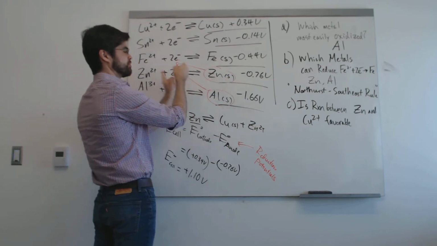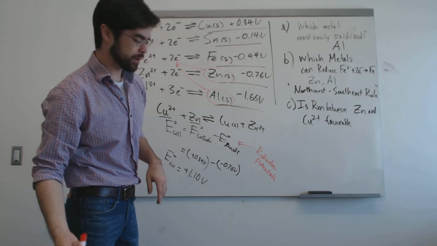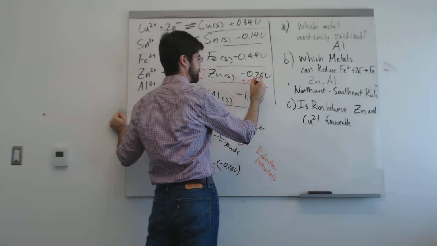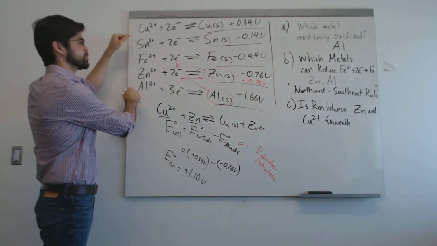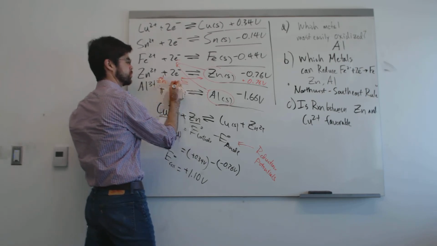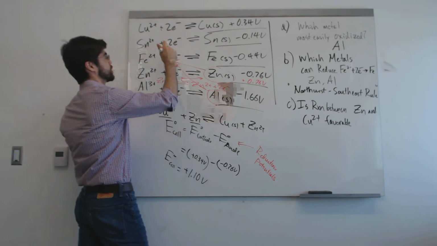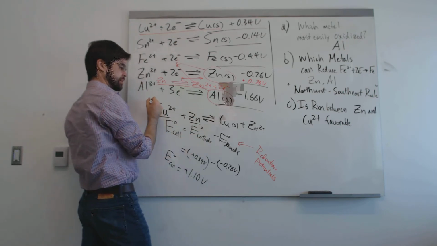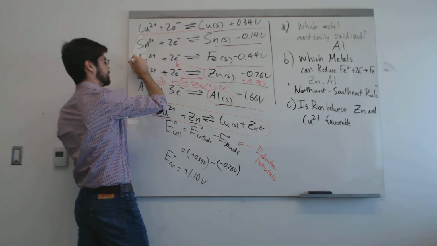So what I'll need to do is flip this reaction, and that would make this positive 0.76. And then when I add those two reactions together, zinc now going to zinc 2 plus and 2 electrons, I'll get this net reaction.